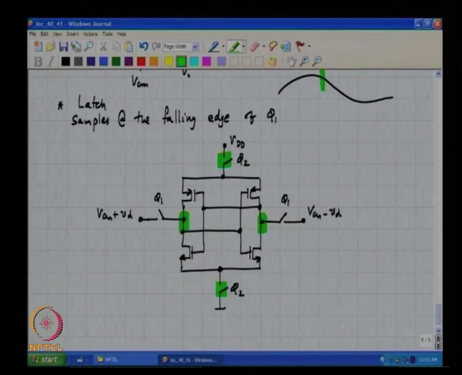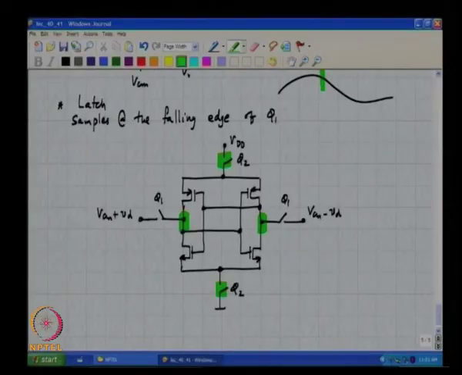Now, once a decision has been made, somebody else needs to store that decision. So, you can always have a flip flop, for instance, or another stage of memory which will hold what decision this latch has made, and then the latch must get ready for the next input.